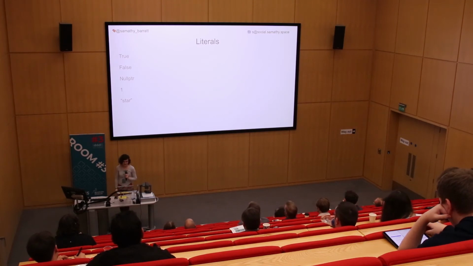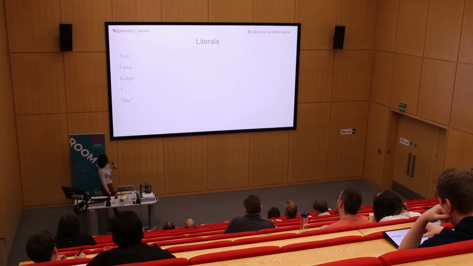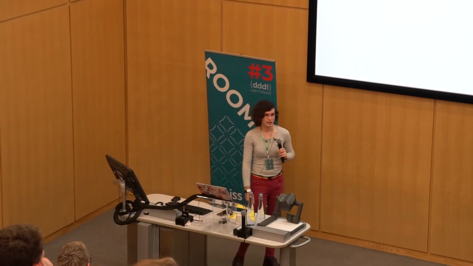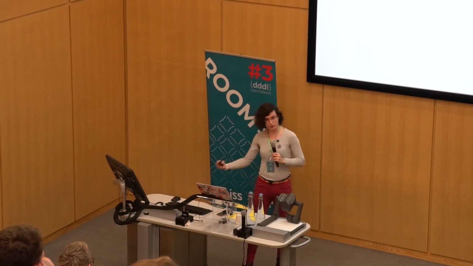But any symbol for a fixed value is a literal. So true, false, null pointer, that's from C++, 1, even the characters that you write in your strings. They don't represent the character, they represent the ASCII value or the Unicode value for the character, so they're a literal.